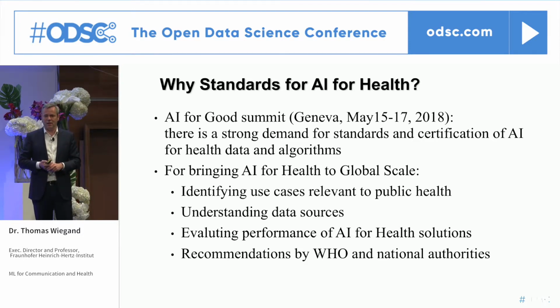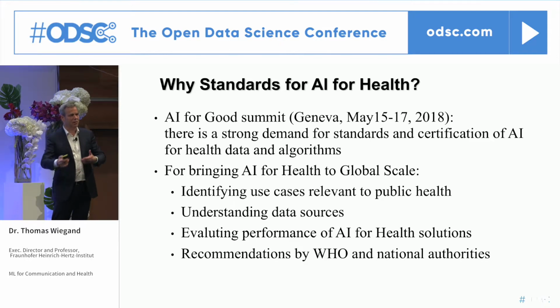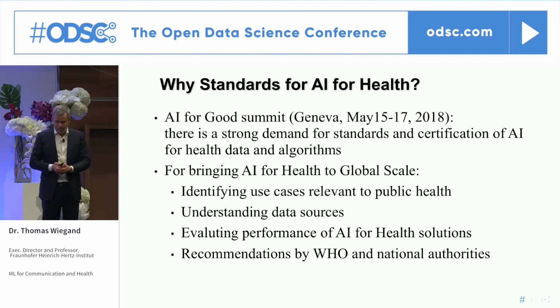We need to understand the data sources. There are varying qualities of data, as you know. The basic task of this focus group would then be to evaluate the performance of AI algorithms. We basically have training data sets, test data sets, and figure out how well they are performing. And we would document everything.